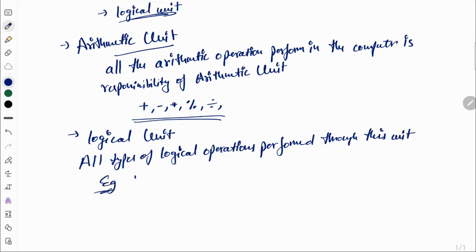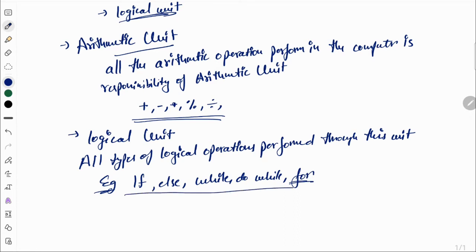Example: if, else, while, do while, for. These are the logical condition based operations.